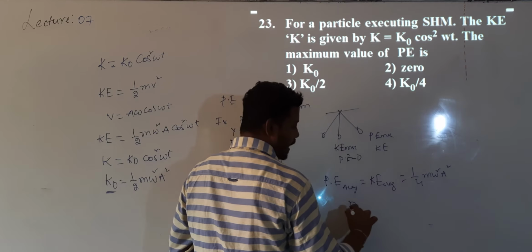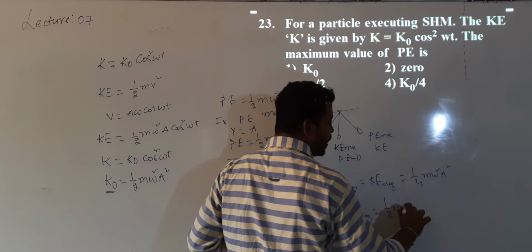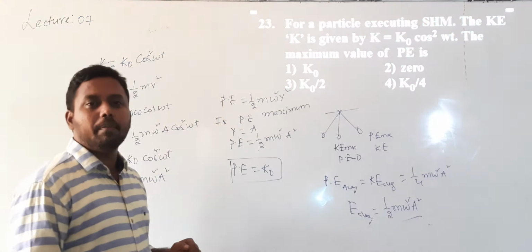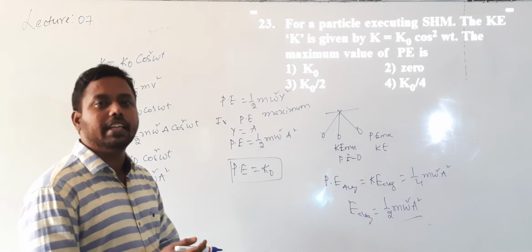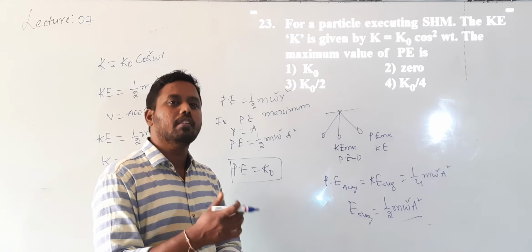But the average total energy is equal to 1 by 2 into m omega square into a square. Correct? The amplitude of vibration of potential energy and kinetic energy is twice the amplitude of the simple harmonic oscillator.